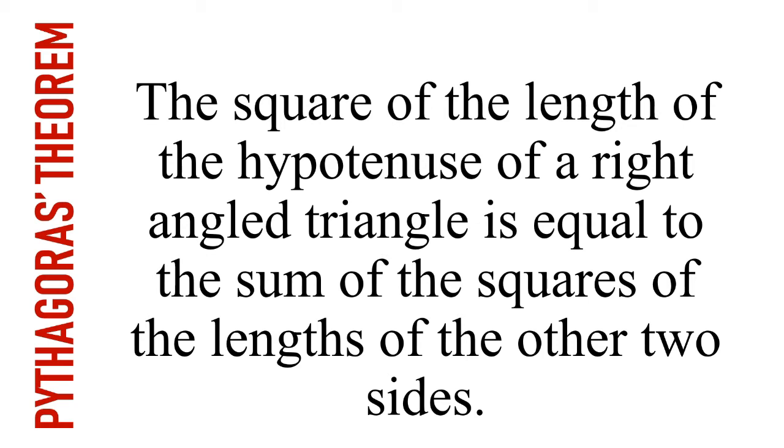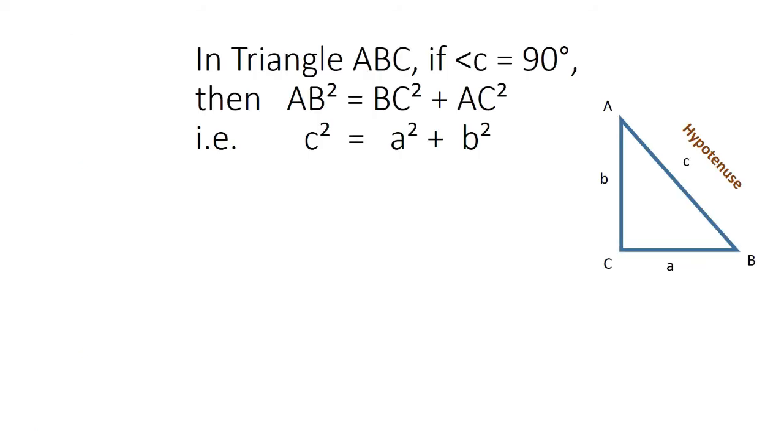Pythagoras theorem simply tells us that the square of the hypotenuse is equal to the sum of the squares of the other two sides. The formula for the Pythagoras theorem statement is c squared equals a squared plus b squared.